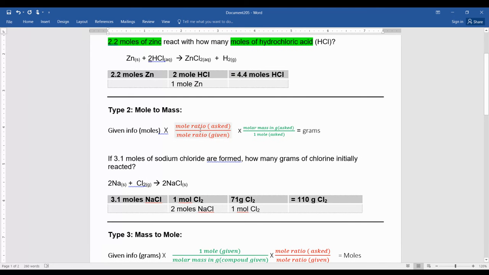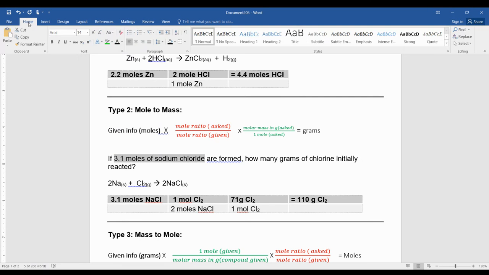In type 2, you have the given in moles, but you're going to convert it to mass. Mass is always asked in grams. If you look at the question here, they gave you 3.1 moles of sodium chloride. Let's highlight that.